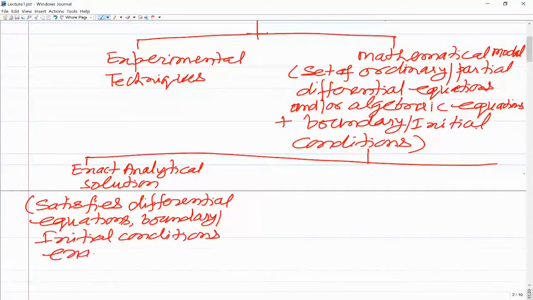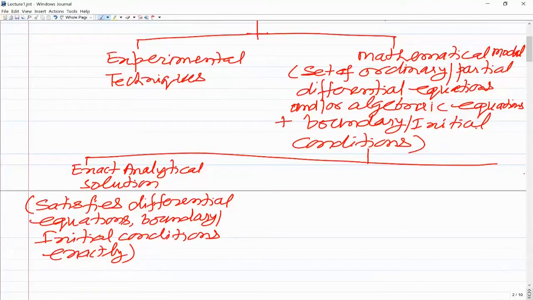But as I said, most of the time it is not possible to obtain the exact analytical solution, particularly for complex systems. For example, if you look at the structural system of a ship or a submarine, it is quite complex, with the kind of interconnections it has, the varying properties, and the geometry it has. It will not be possible to obtain exact analytical solutions.